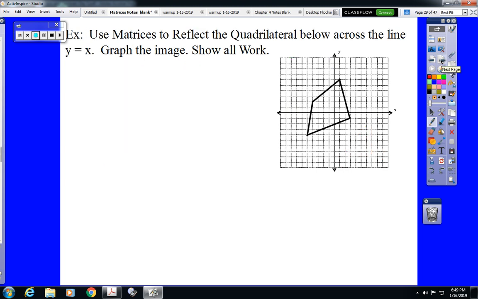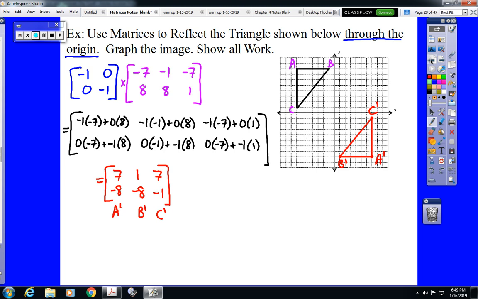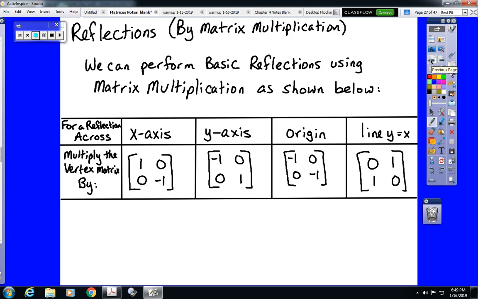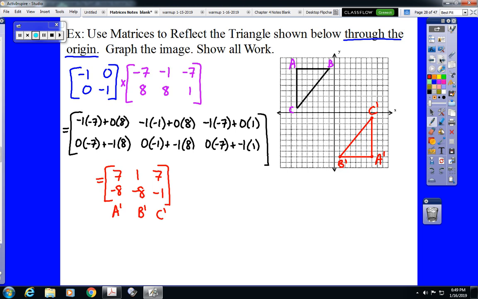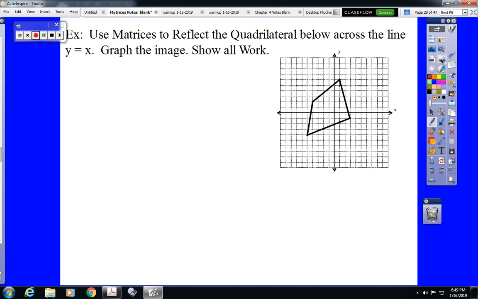So here we're asked to reflect the quadrilateral across the line y equals x. So we go to our rules and we find the matrix for y equals x, which is 0, 1, 1, 0. And we start with that matrix. Again, that is 0, 1, 1, 0. And we are going to multiply that times our vertex matrix.